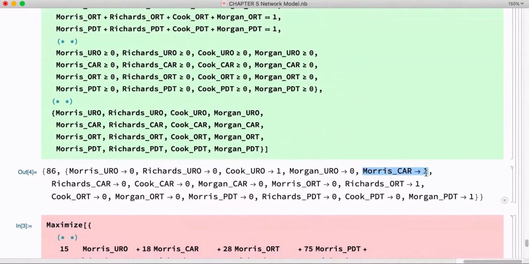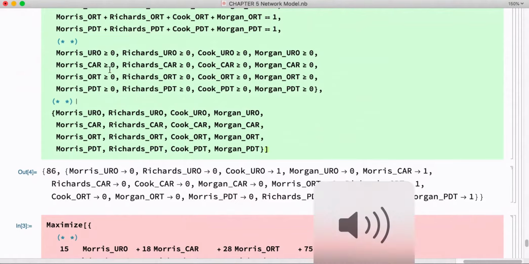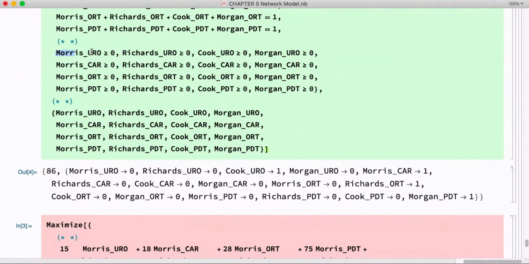Can you make Morris be in urology? Professor. No, sir. You could create an equality and then assign everybody else thereafter. Or create a condition with a range. I don't know, something. So, what do you think here?